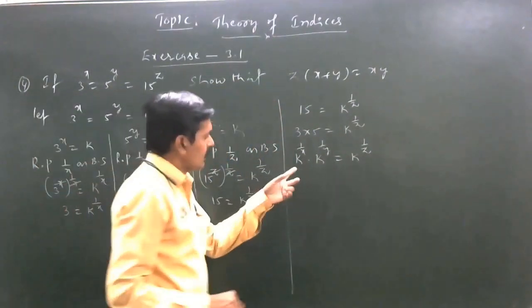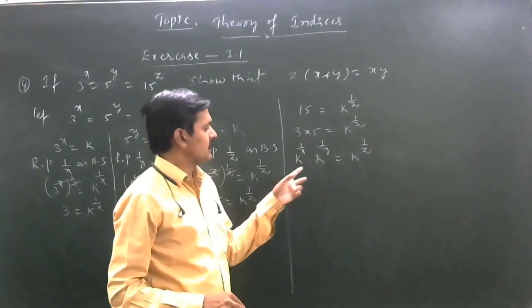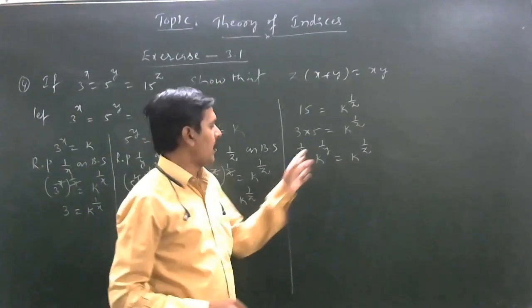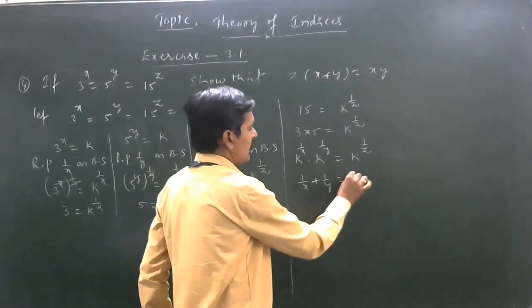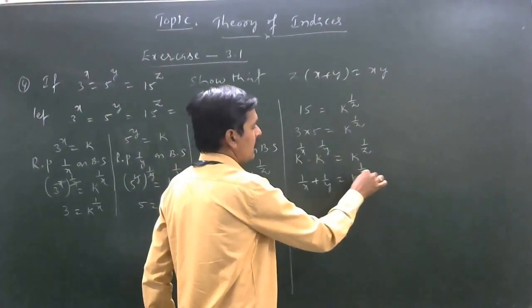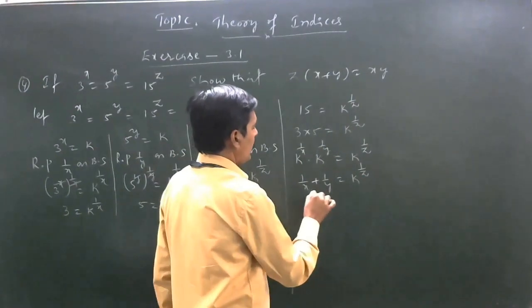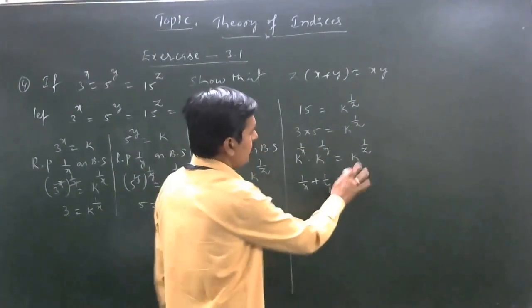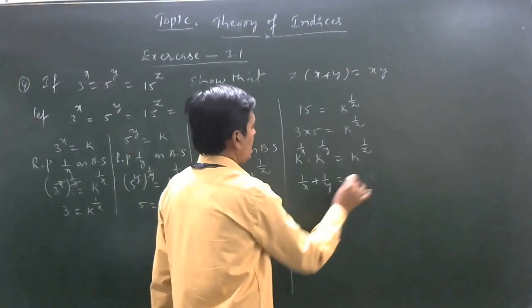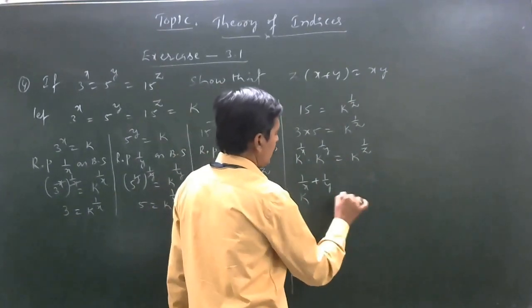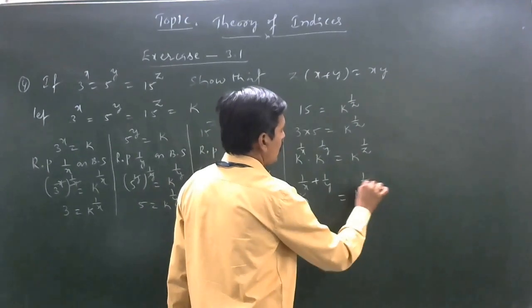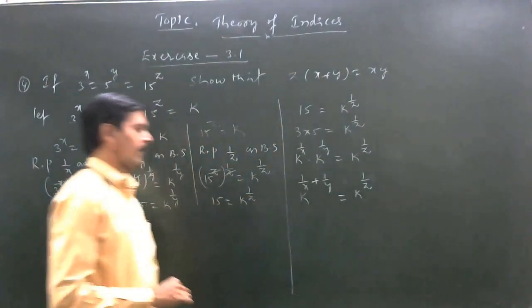Next, here the bases are equal. When the bases are equal, the powers should be added. Here k power 1 by x times k power 1 by y gives k power 1 by x plus 1 by y, which is equal to k power 1 by z.